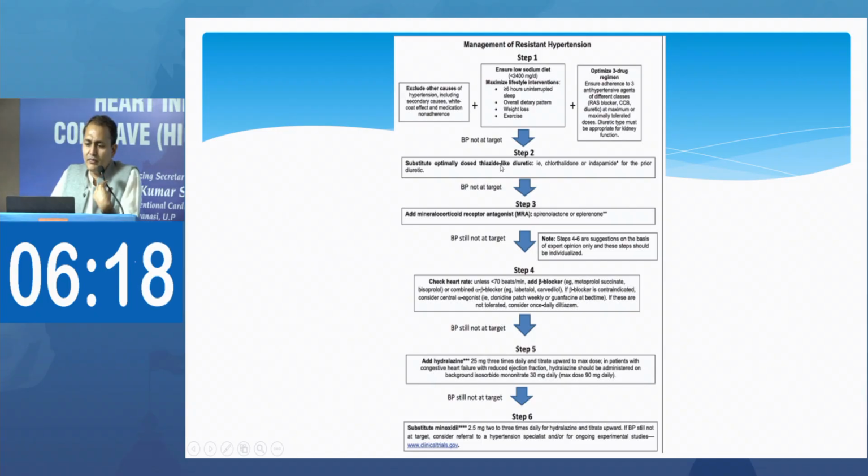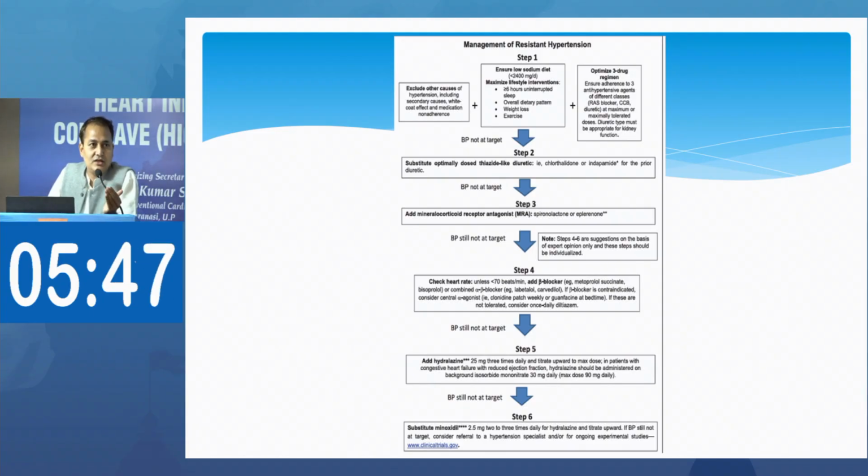And if even after up-stepping your diuretic you find at a 2 to 4 week interval that BP is not well controlled, add the third drug, that is a mineralocorticoid receptor antagonist. So better is that we have a combination of one diuretic, that is a loop diuretic or thiazide-like diuretic, with spironolactone. So adding that drug is the first thing that, in my opinion, we should be doing.